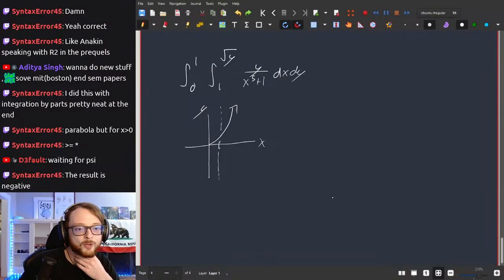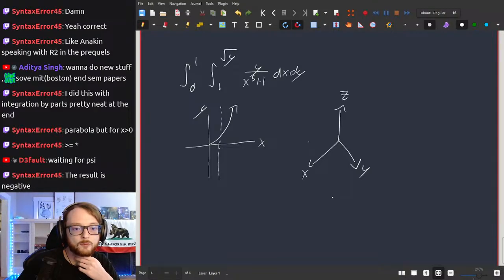The interpretation of an integral like this is the volume underneath the three-dimensional surface, I believe. So if you have just some three-dimensional surface, I should draw this in a different color.